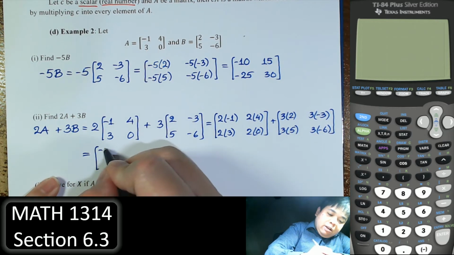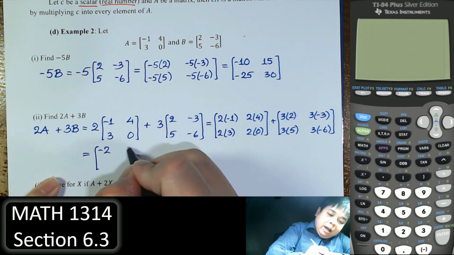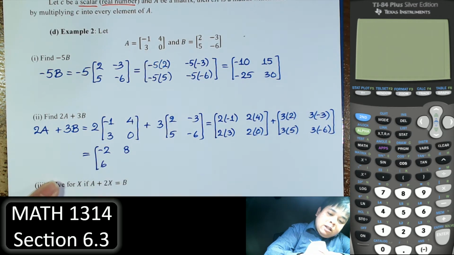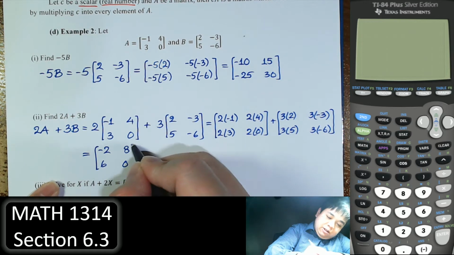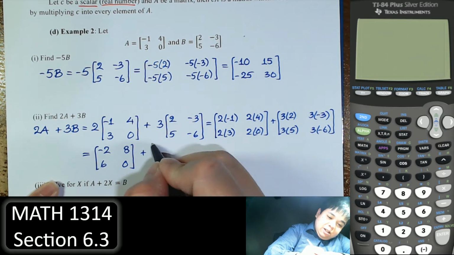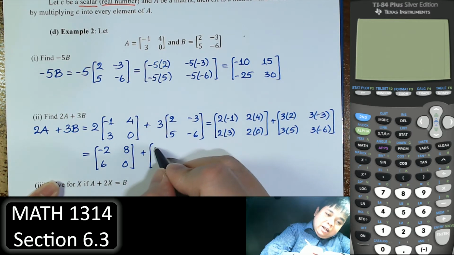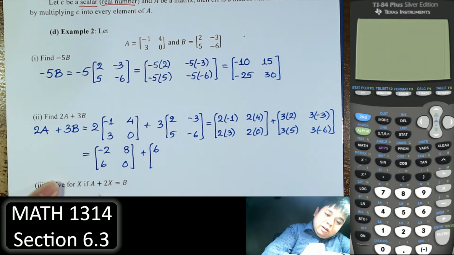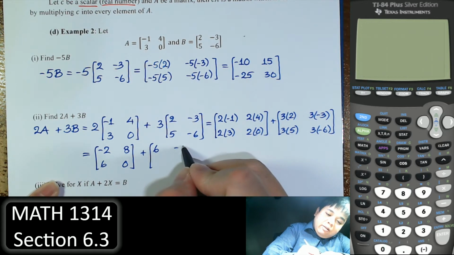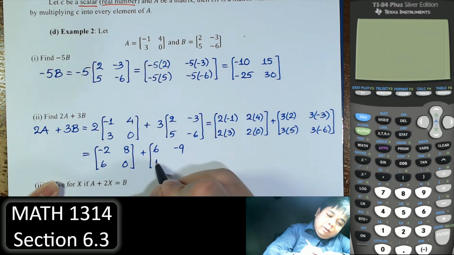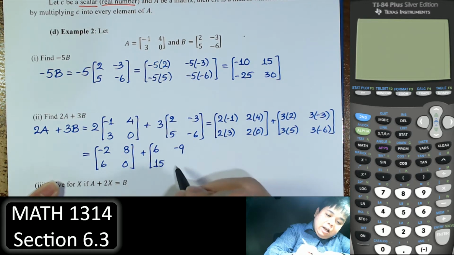So that gives us -2, 8, 6, and 0, plus 6, -9, 15, and -18.